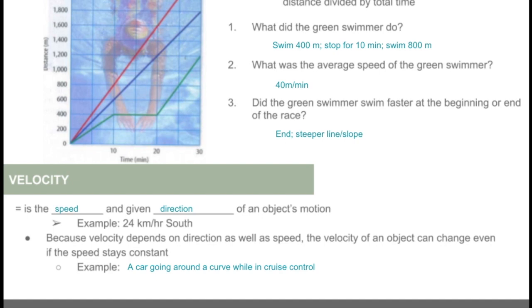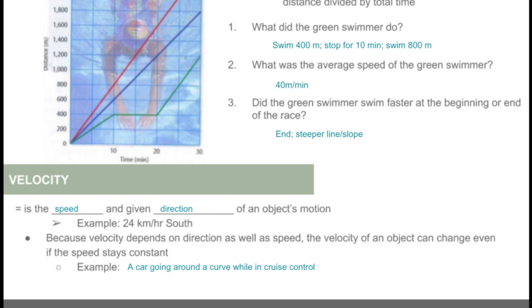Because velocity depends on direction as well as speed, the velocity of an object can change even if the speed stays constant. Velocity can change because it's changing direction, even if the speed of the object is still the same.